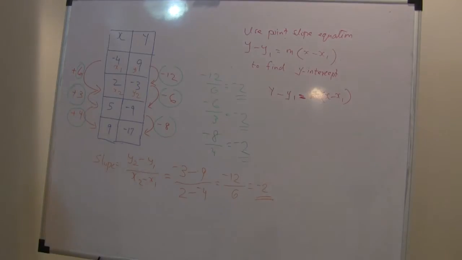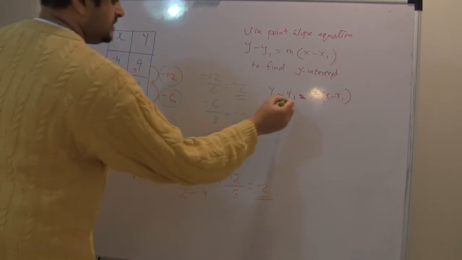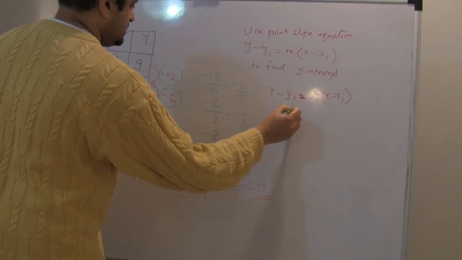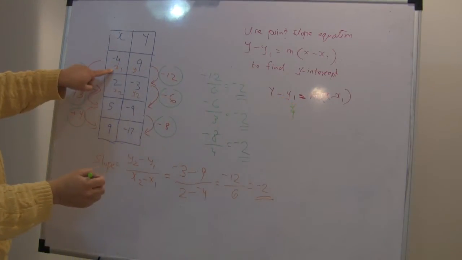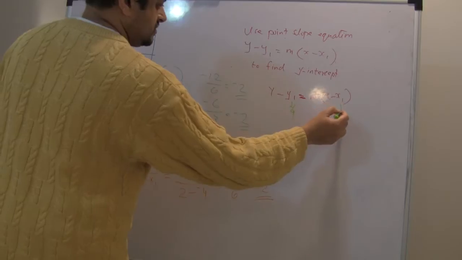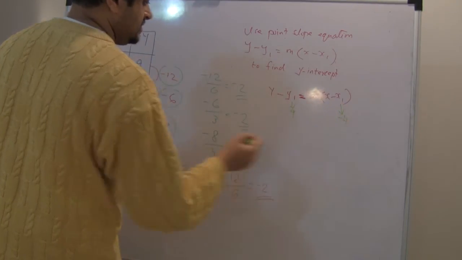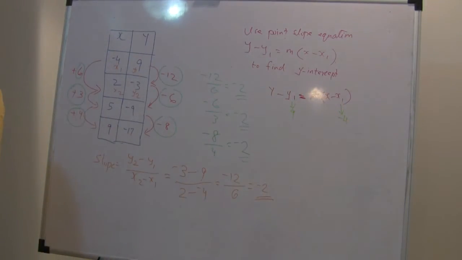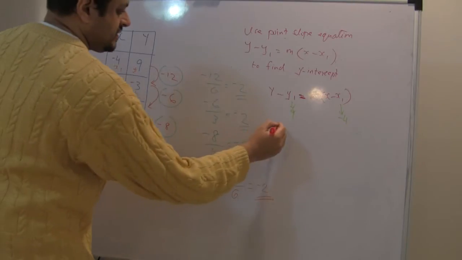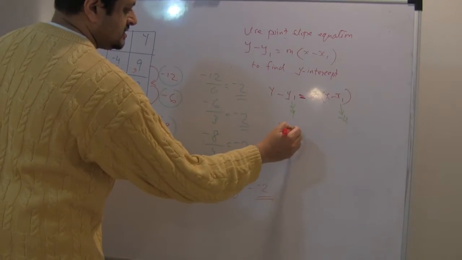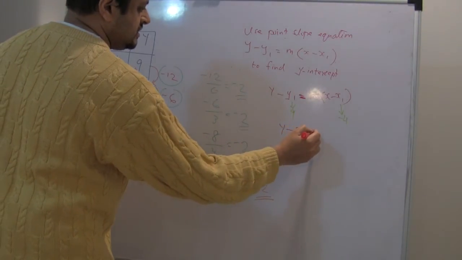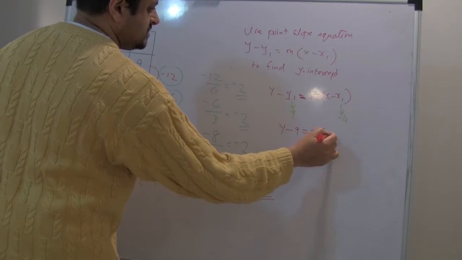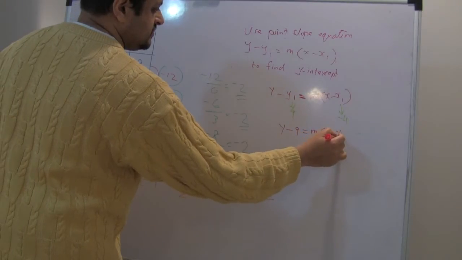Y1 is 9, and x1 is -4. So this equation will become y minus 9 equals m times x minus -4.